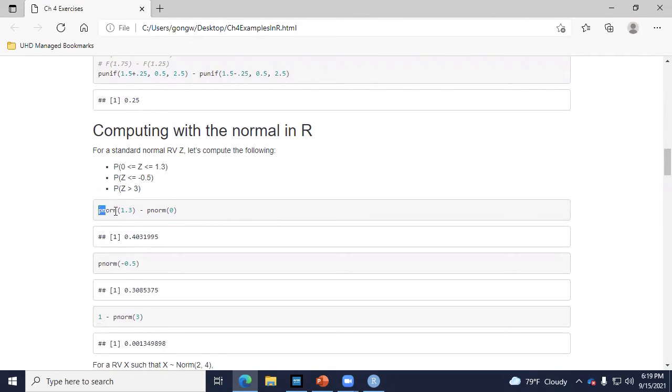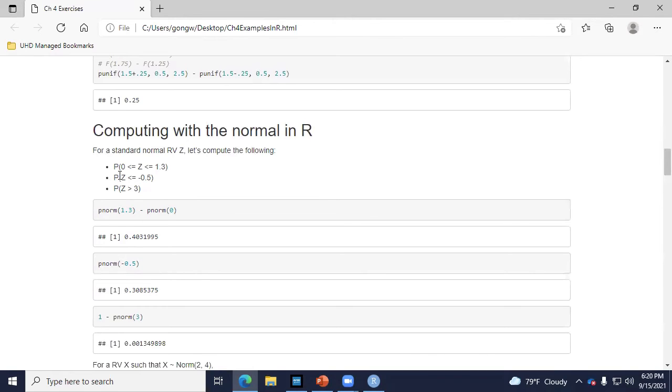This is just pnorm. Again, pnorm is this capital F thing. So this is capital F(1.3) minus capital F(0). In this case, you didn't specify the mean and variance because it's a standard normal. By default, if you do not specify the mean and variance, pnorm gives the standard normal.